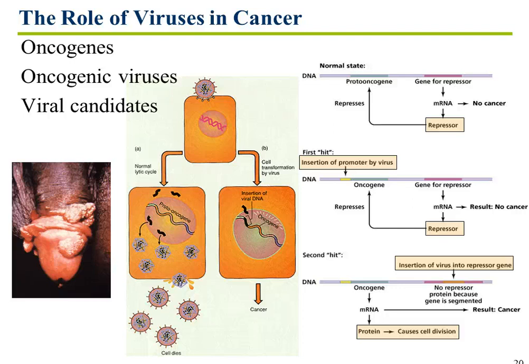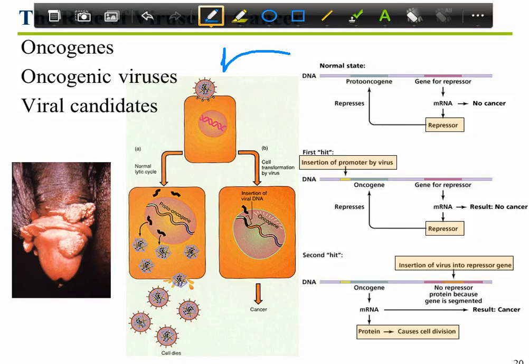So you see that in the picture right here. Inside of the cell, right there, you see the genetic information of the cell. You see something called a proto-oncogene. In fact, you see it right here also. Here is the introduction of the virus.